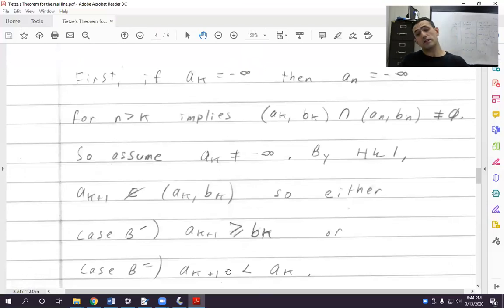And further, if ak plus 1 is less than or equal to ak, then in fact it has to be strict inequality, because if they're equal, then ak to bk, ak plus 1 to bk plus 1 are obviously not disjoint. If you have two intervals where the left endpoints are the same, they're obviously not disjoint intervals. So ak plus 1 equals ak is impossible.